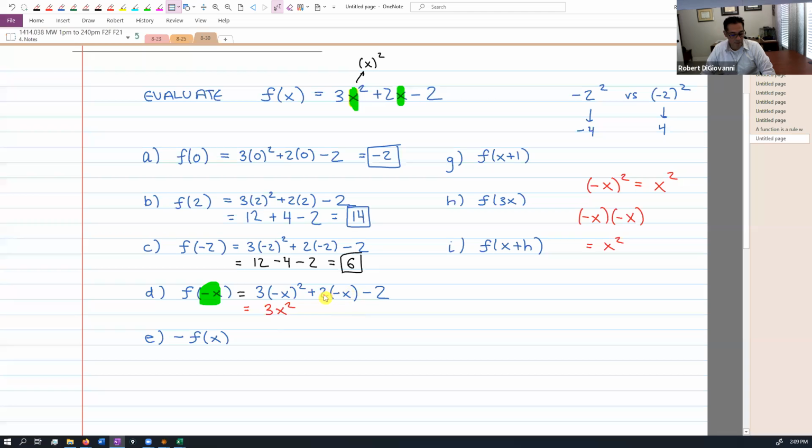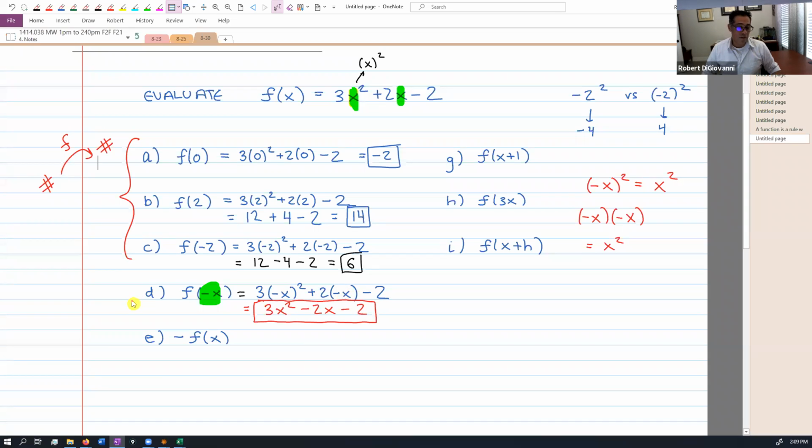Now, Carissa, how about this piece? That would become -2x, and then -2. And there's no numerical answer here, okay? So in the first 3 problems that we did, the number went in, went through the function, and then a number came out, right?